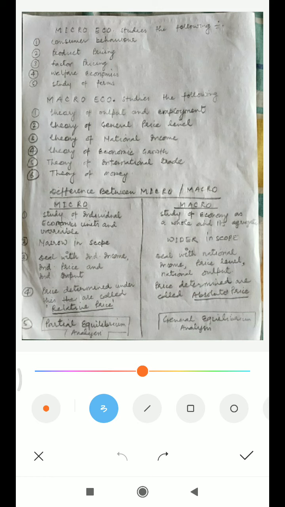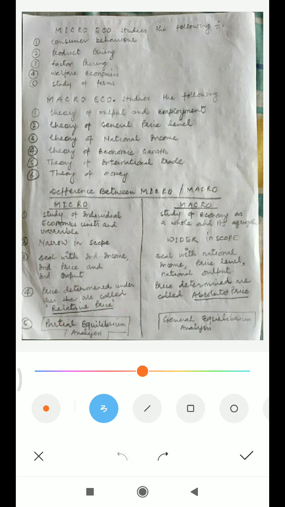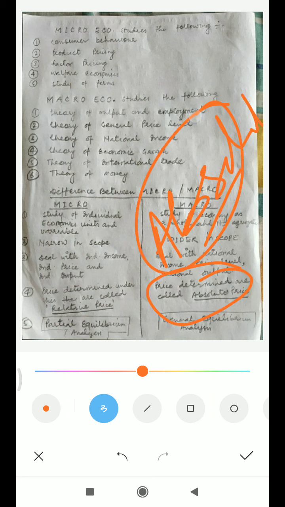Fourth point, price determination. It's the most important point. Whatever prices we determine under the firms, that is called relative prices. And when we determine the prices under macroeconomics, that is called absolute prices. I will tell you in the next chapter.